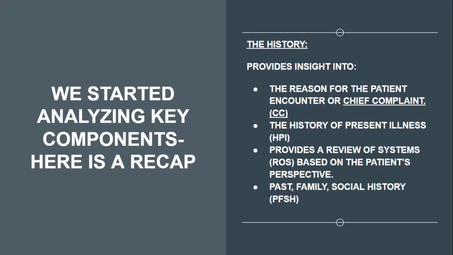It includes the history of present illness, which is your HPI, and provides a review of systems, ROS, based on the patient's perspective. So they're giving you their perspective or their viewpoint. And past family social history, PFSH. We always say PSH, but that's just silly. It's the past family social history.